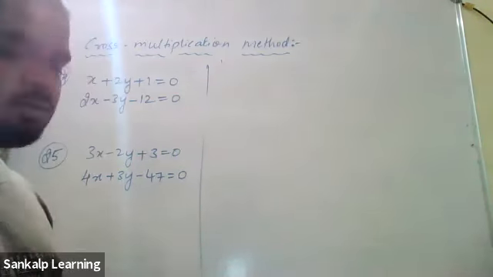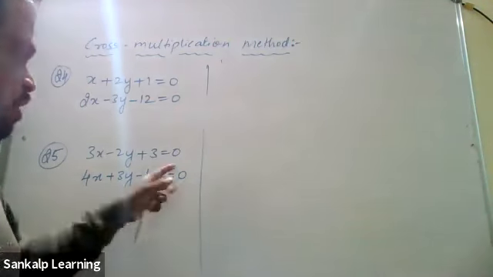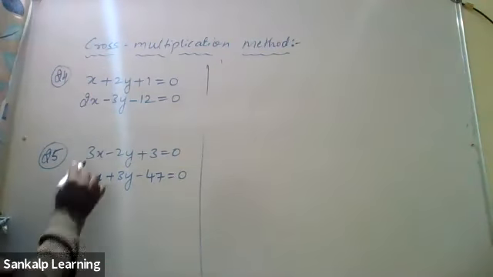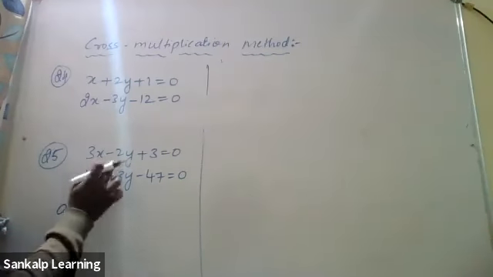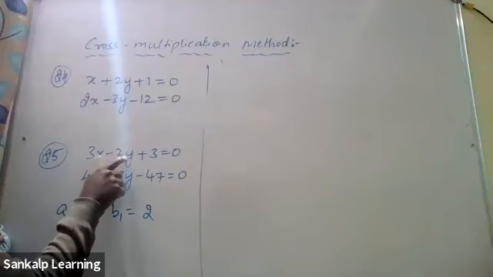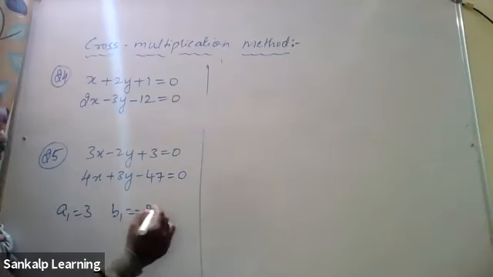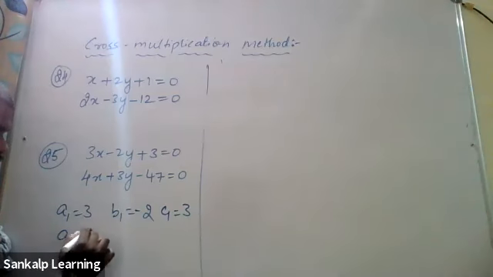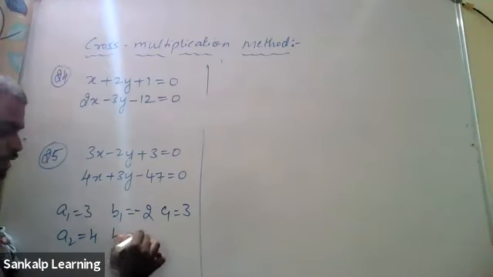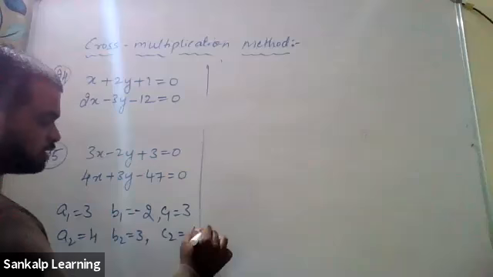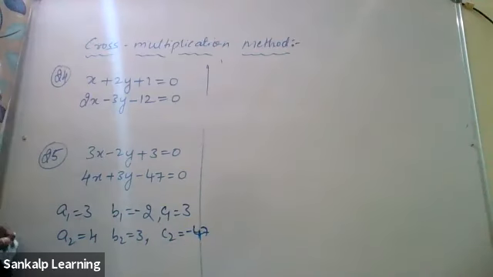The RHS must always be 0 in this method. Here it is 0. Find A1 B1 C1. A1 is 3, the number with x. B1 is the number with y, minus 2. Do not write it as 2 without the sign. C1 is the separate number, which is 3. A2 is 4, B2 is 3. The separate number is minus 47, with the sign. Even if you miss a single sign, it will come out wrong.